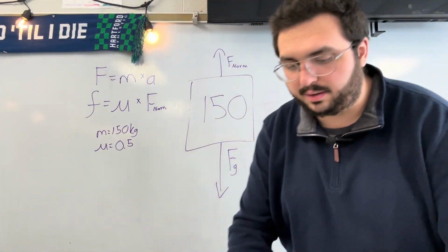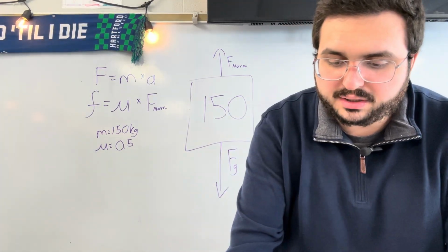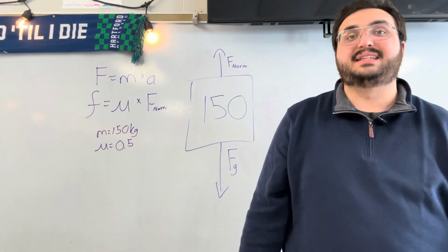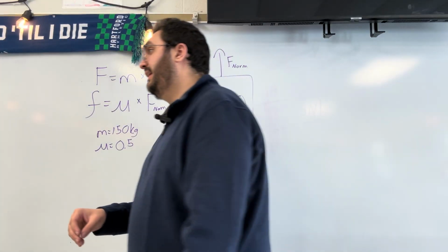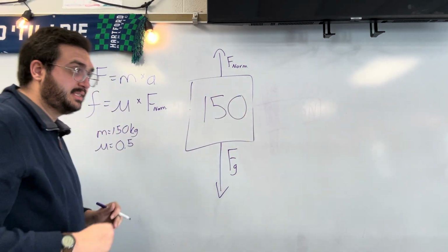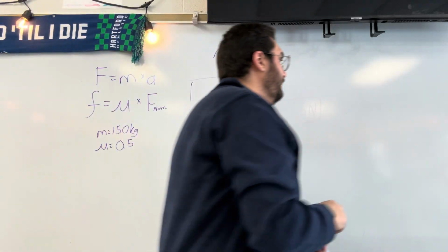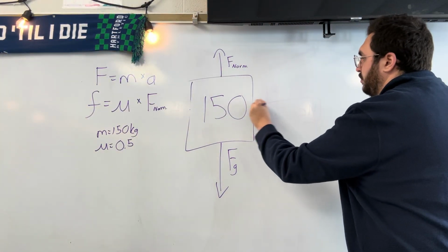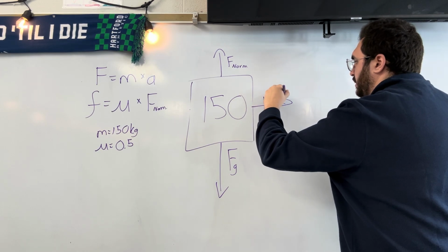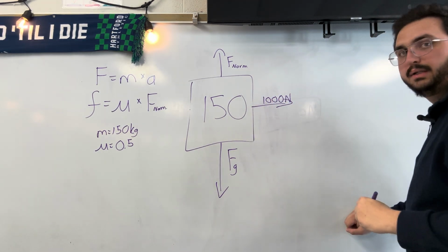Part C of this problem reads, if you pushed the couch with 1,000 newtons of force, what would the acceleration of the couch be? So here, I am actually pushing the couch like this. I'm applying a force to it, and specifically that force is equal to 1,000 newtons, like so.